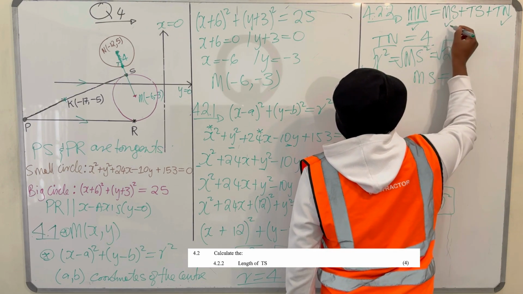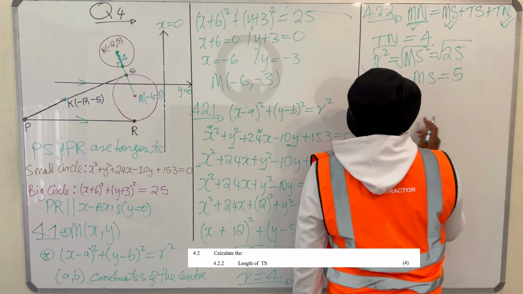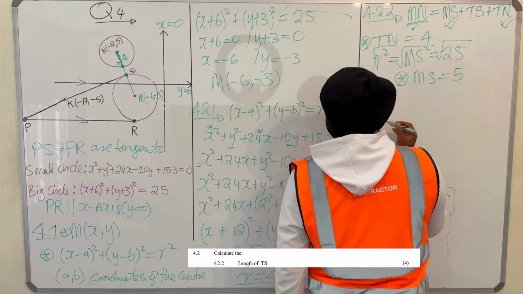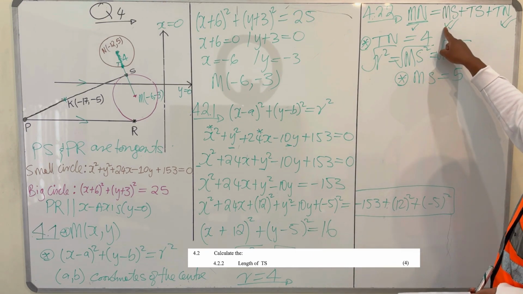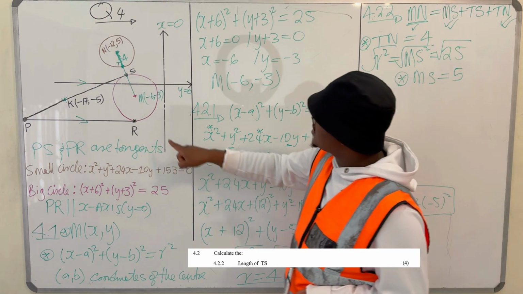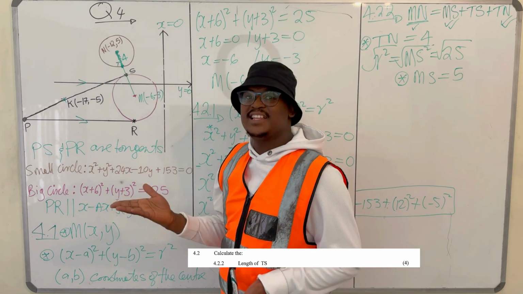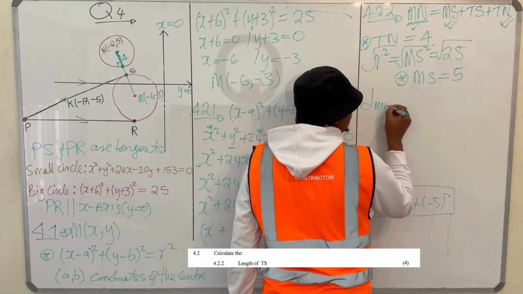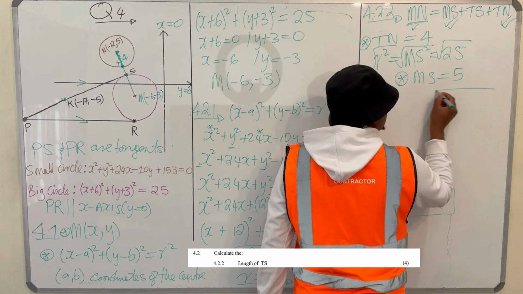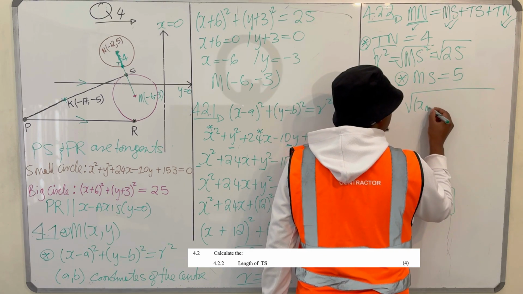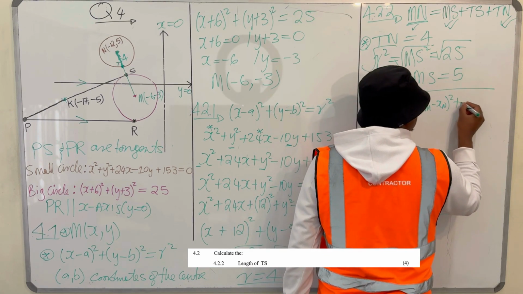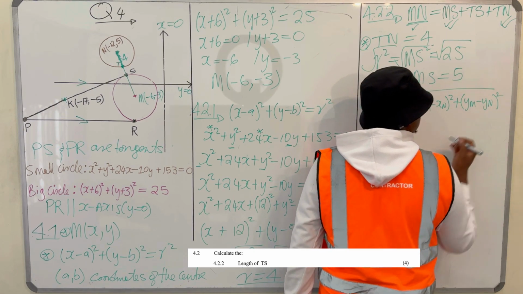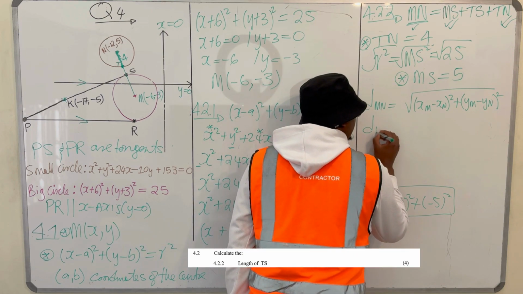So we have ms, we have tn. Tn is equal to 4, your ms is equal to 5. Then the challenge now is mn. You have the coordinates for m and the coordinates of n, so you can find the distance between them. The distance of mn is equal to the square root of xm minus xn all squared plus the y coordinate of m minus the y coordinate of n all squared.